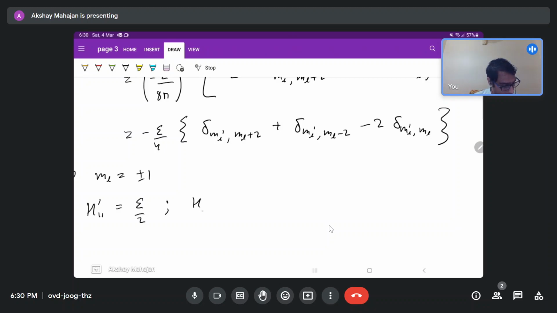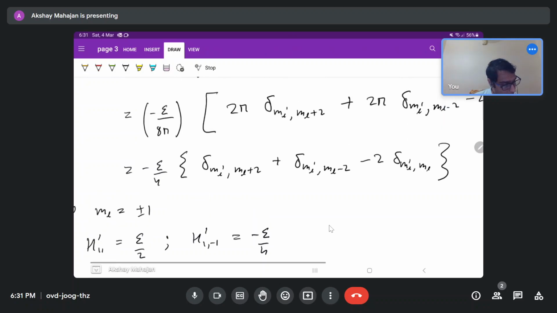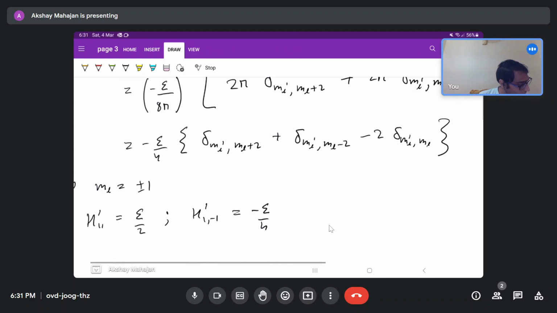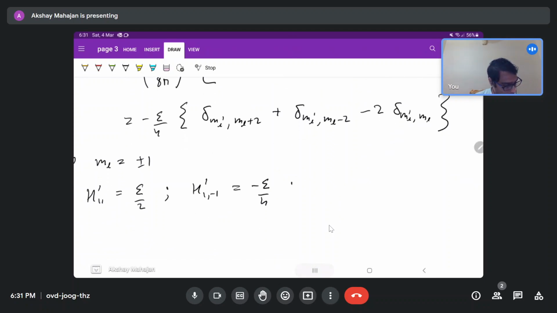Similarly, for h of 1 comma minus 1, minus 1 will be 1, so this will be a 1 and the other two terms will give you 0, so you get minus ε/4.